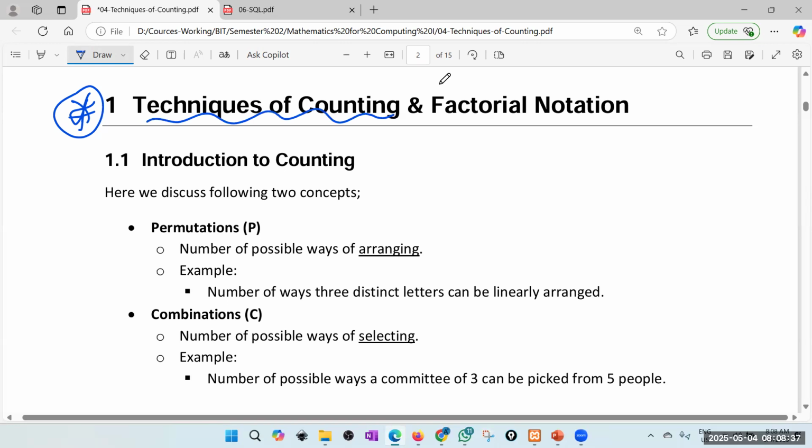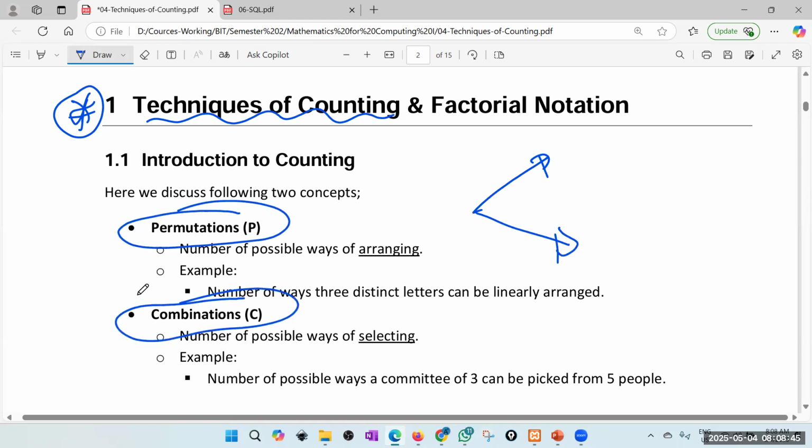We can subdivide this topic into two: permutations and combinations. Permutation means how many ways we can arrange things. For example, if I have three letters A, B, C, I can arrange like A, C, B, or B, C, A linearly.